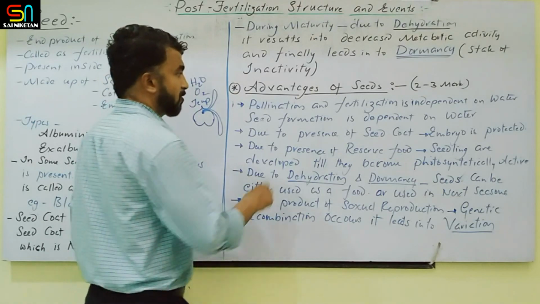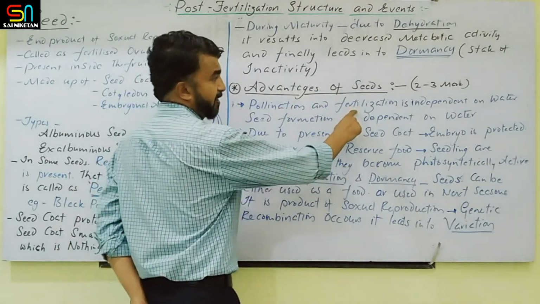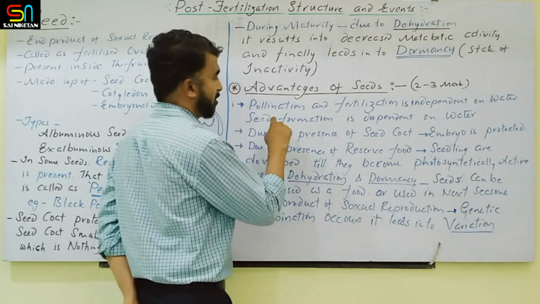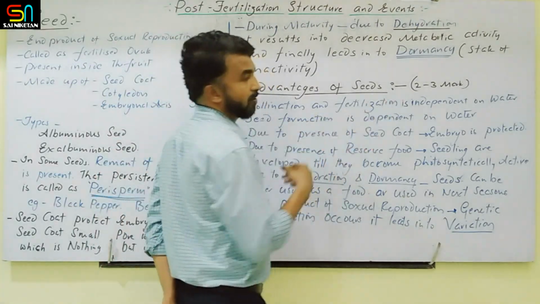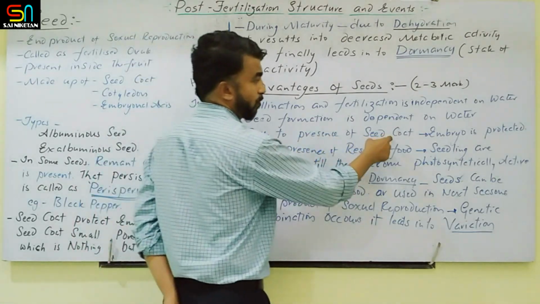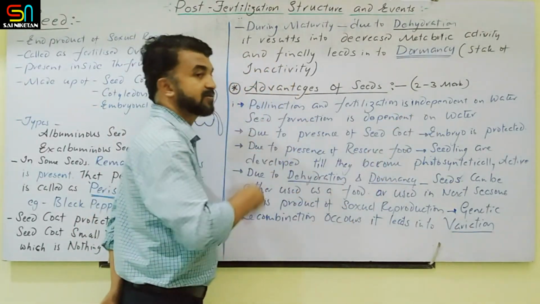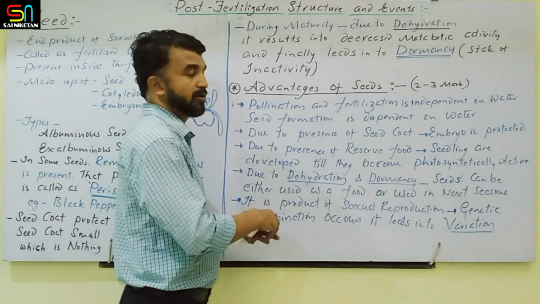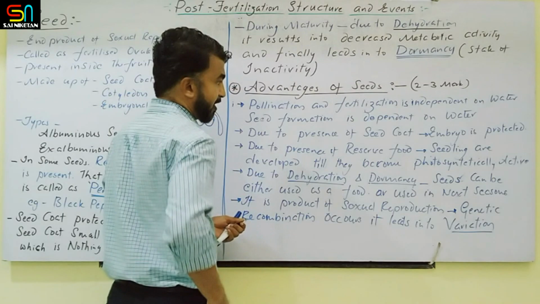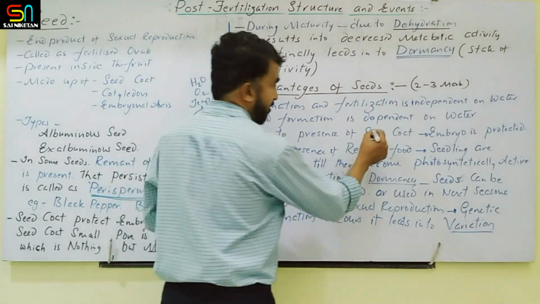We will revise first. Pollination and fertilization are independent of water. They do not depend on water, but the seed formation is dependent on water. Clear? They require hydration. Due to the presence of the seed coat, the embryo is well protected inside. So that's why we can easily disperse the seed from one place to another place. So the next main point means they contain seed coat.